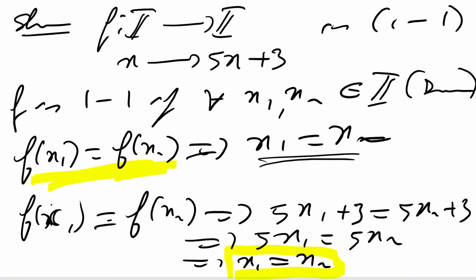Now, for the onto function, let me just pick another function that we have to show. Let me show again this one for the one-to-one function.